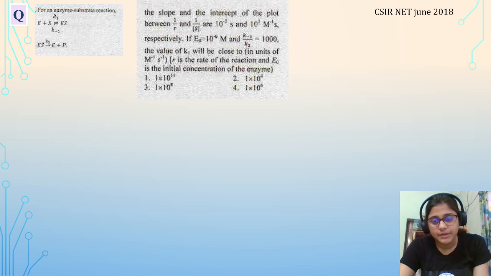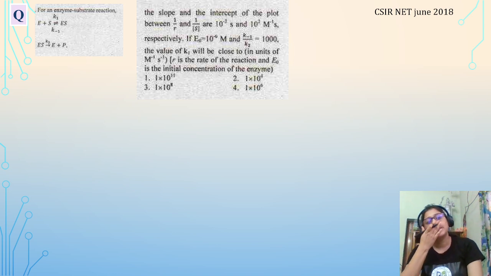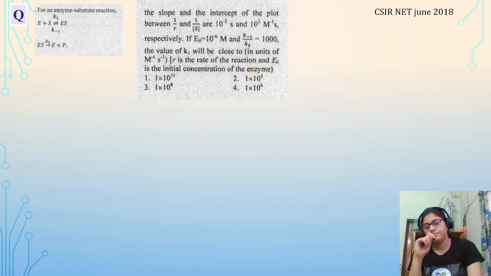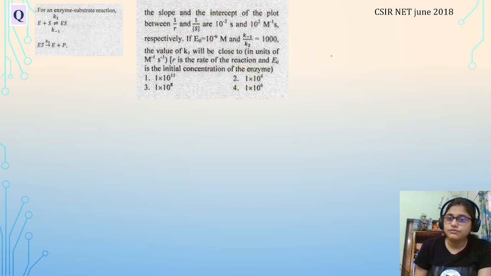Now coming to the question part. Everything we have understood in the theory portion. What is the turnover number? What versus what are plotted? First we have seen the R value.